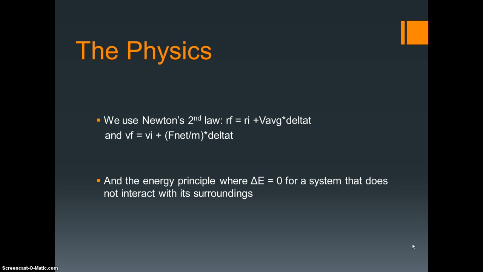And the second fundamental principle we used is the energy principle, where the change in energy equals zero if the system does not interact with the surroundings, as in the surroundings do not do work on the system. So the change in energy equals the kinetic energy and all the energies in the system. Each energy is not zero, but they cancel out to give us the final change in energy, which is zero.